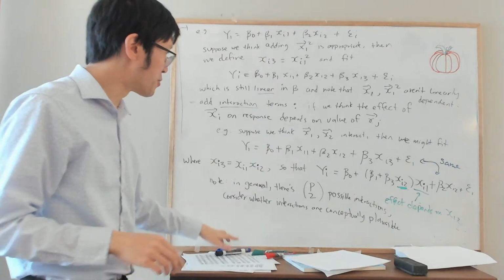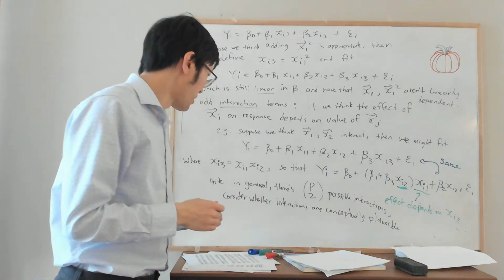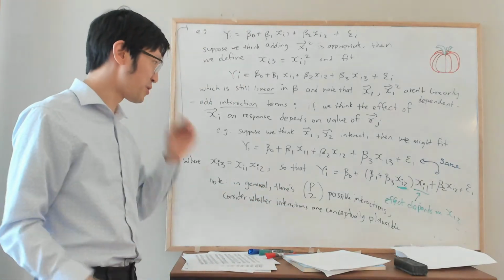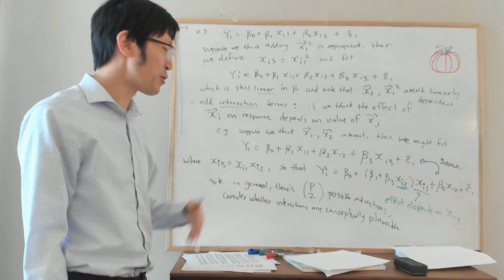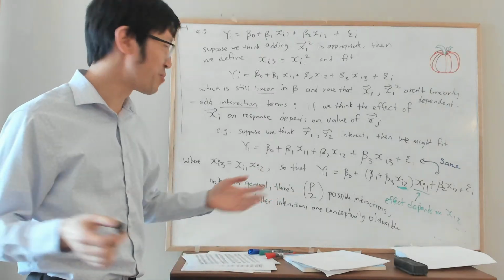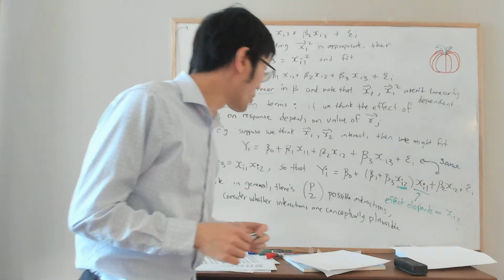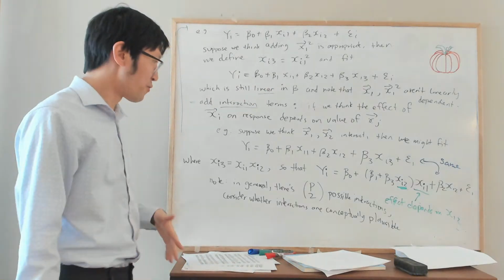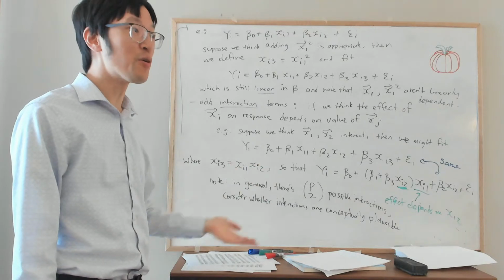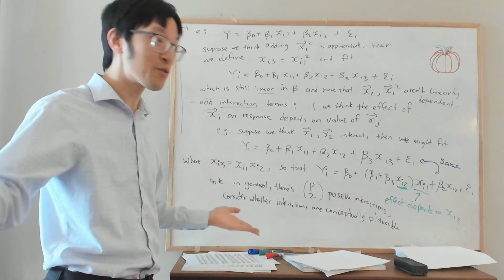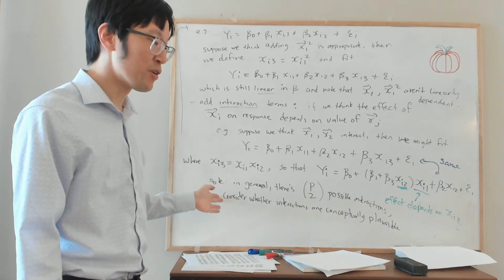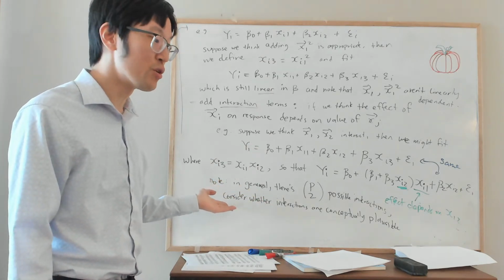One example I used in Stat 332 was diet and exercise, right? So the amount of exercise someone does and the amount of food they eat, and whether those two interact. So, for example, does the effect of diet also improve with the amount of exercise you do? If it does, then that would be an example of two interacting predictors.